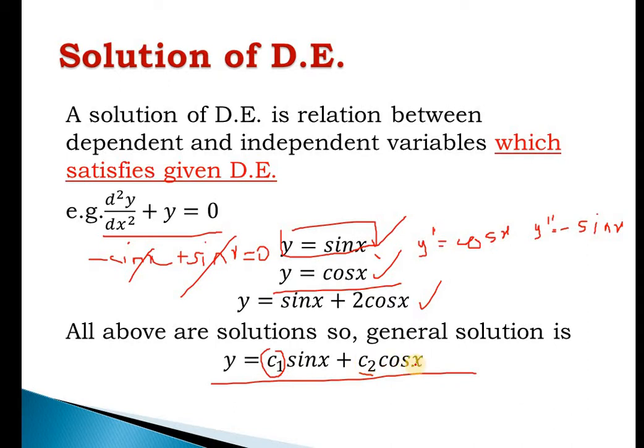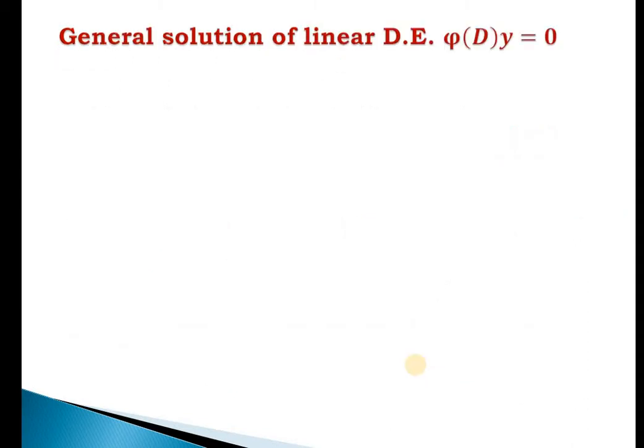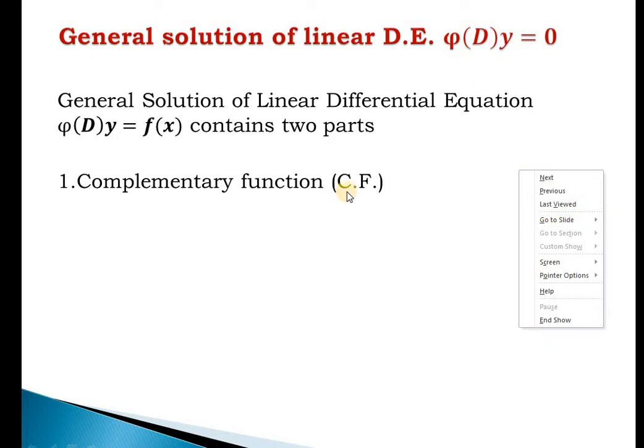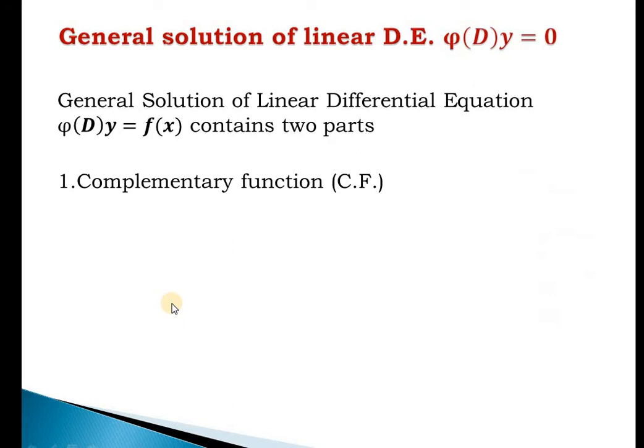Okay. So now we are seeing how to find the general solution of a given differential equation. If phi of D into y is equal to f of x, it is a linear differential equation, then there is a general solution for this differential equation, and the general solution contains two parts. One is the complementary function and the other is the particular integration.